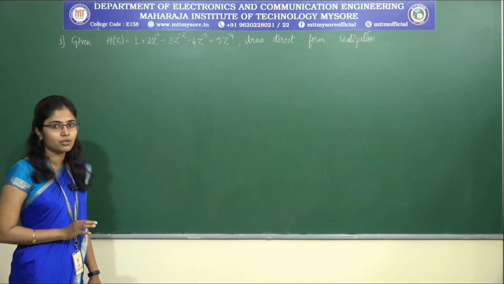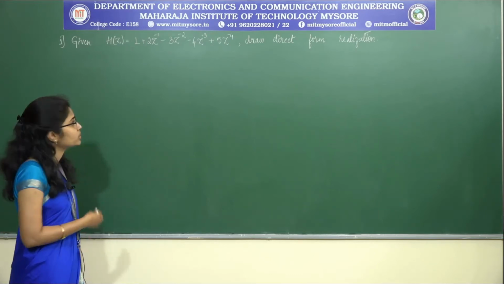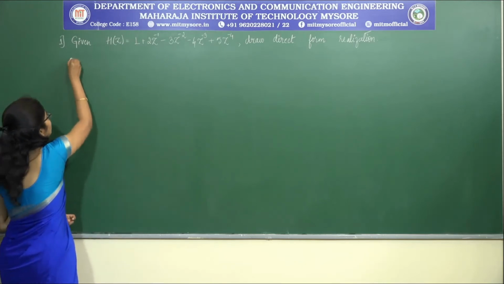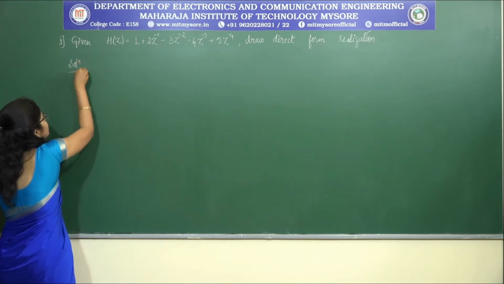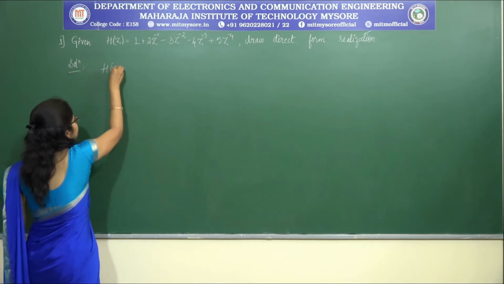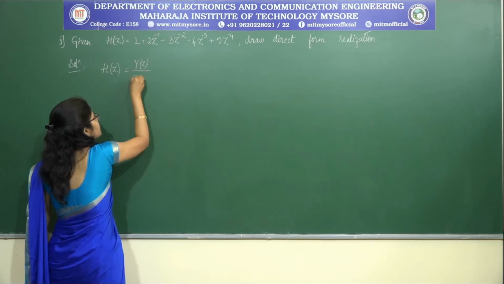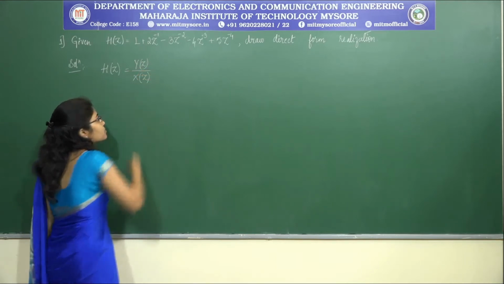So that is the first conclusion which we should make by looking into the given system function or transfer function. And we all know h of z is equal to y of z by x of z, the transform of output to the transform of input.